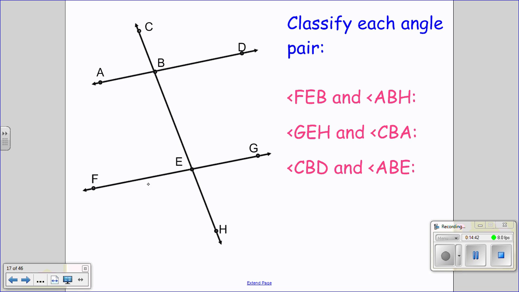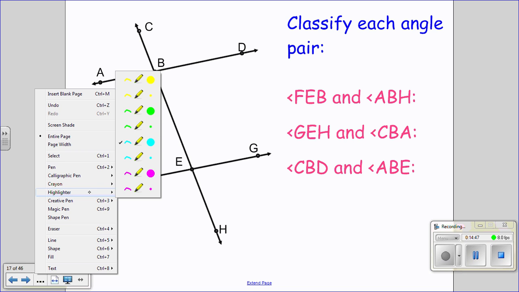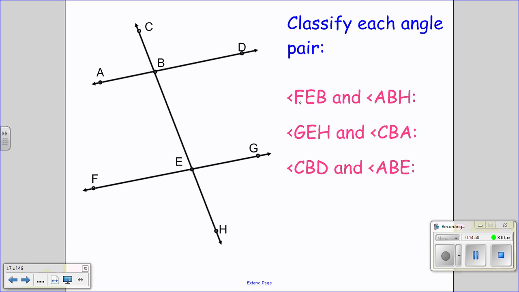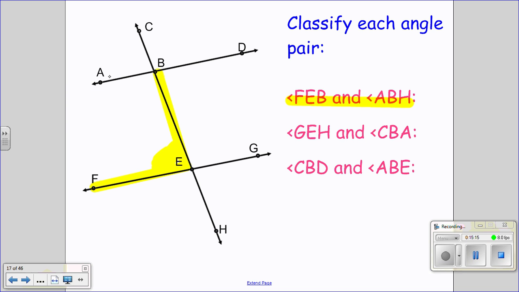Again, we're just classifying these angle pair relationships. Now we're using alphabetical angle names. The first one is FEB and ABH. So FEB is this angle, and ABH, essentially, is this angle here.